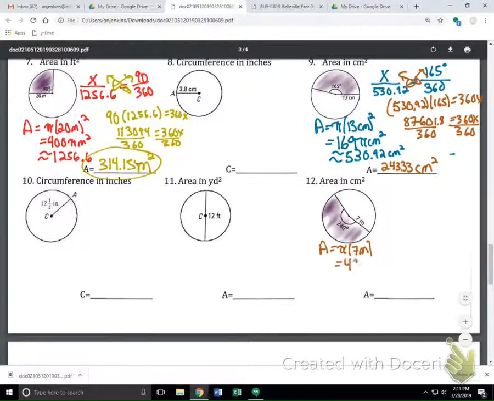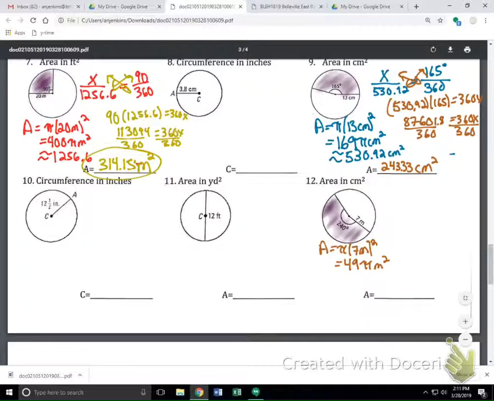Area equals pi r squared. 7 times 7 is 49 pi meters squared. What is 49 times pi? Rio said he's got this one.